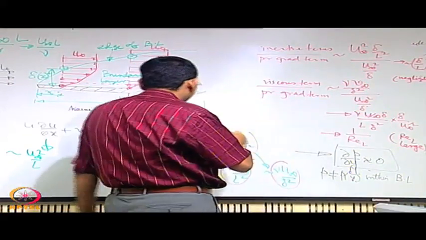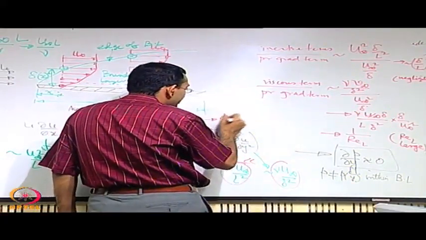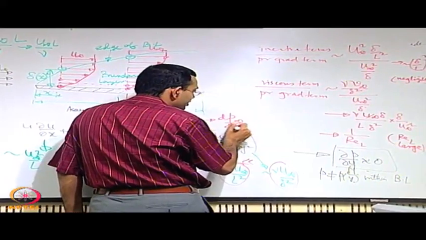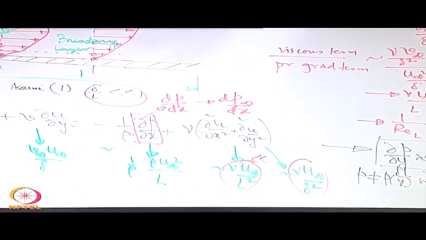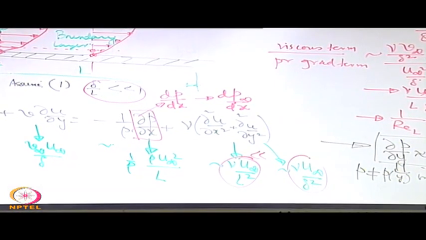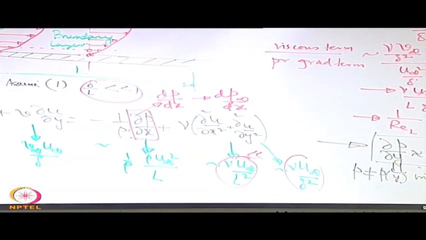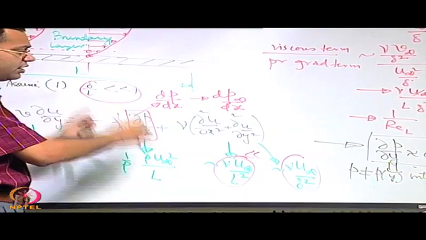So, in terms of symbols we can write this as good as dp infinity dx, where infinity stands for the outer stream, that is the notation. So, that is about the pressure gradient term.